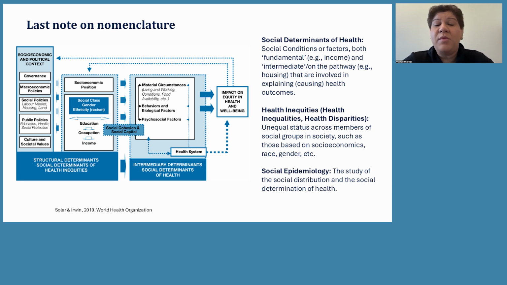The problem is that in the literature, it doesn't quite work in those strict terms. People use health inequities, health inequalities, and health disparities as rather interchangeable. Often in the US literature, you will see the term health inequalities. That doesn't mean that they don't believe these are inequities.